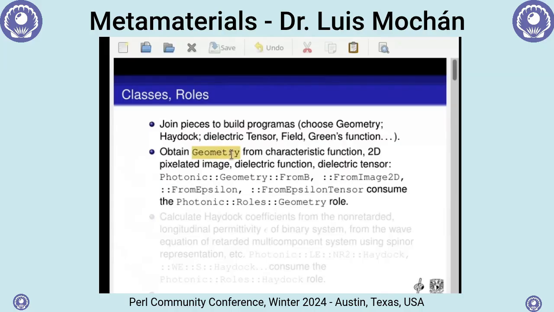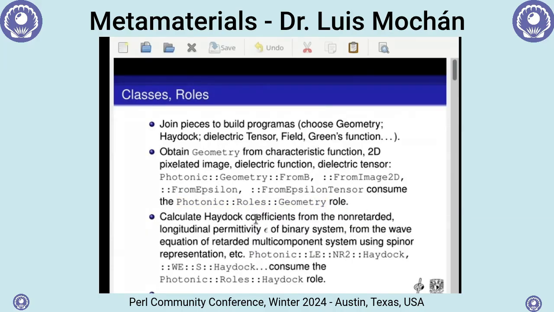The geometry, for instance, can be obtained from the characteristic function, but it can also be obtained from an actual image, a two-dimensional pixelated image, or from a dielectric function or from a dielectric tensor. So I have several classes that obtain the geometry from the characteristic function or from an image, from the dielectric function, etc. But they all consume a role, the photonic geometry role, and that way I avoid repeating the code.